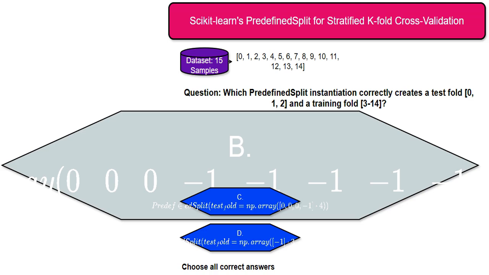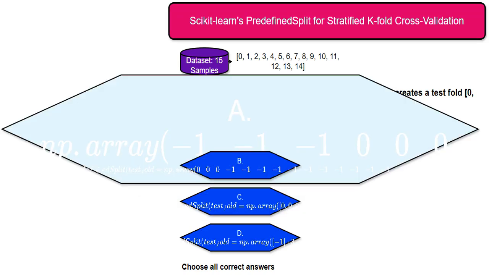Therefore, samples 0, 1, and 2 are in the test set and the rest in the training set. This is correct. This option is wrong. The expression repeats the sequence 0, 0, 0, -1 4 times, creating an array of length 16.